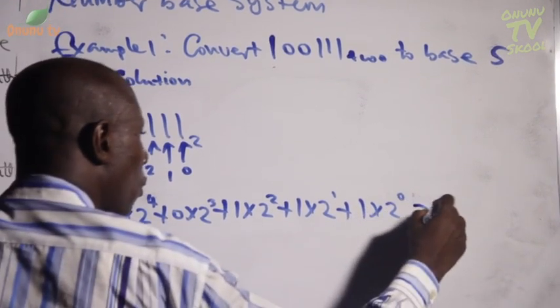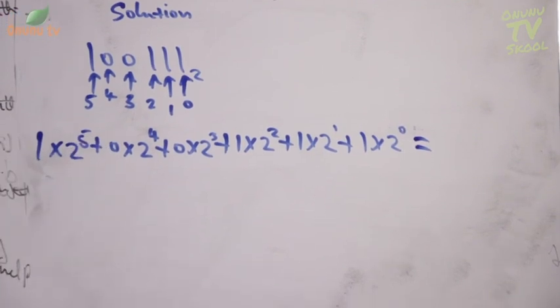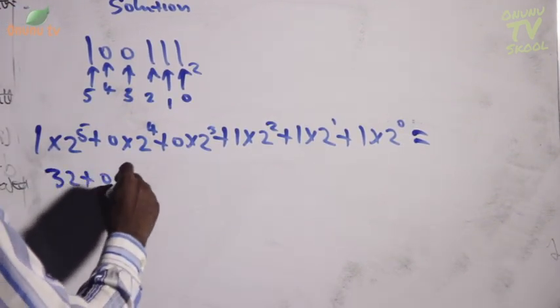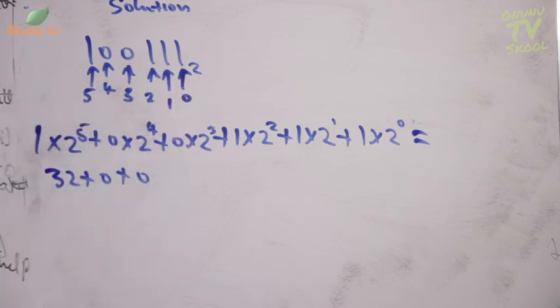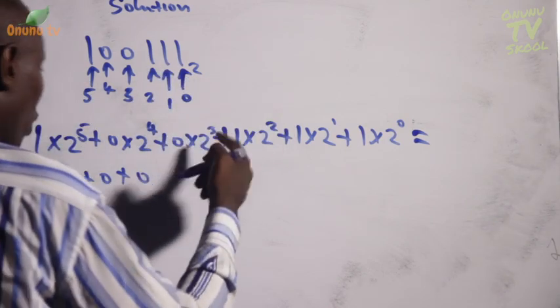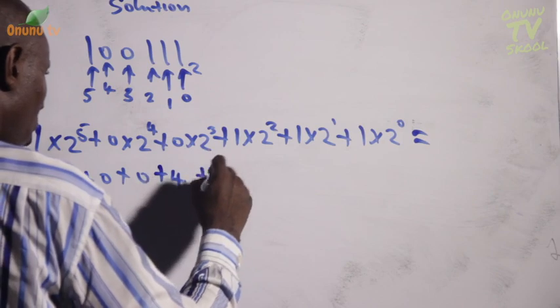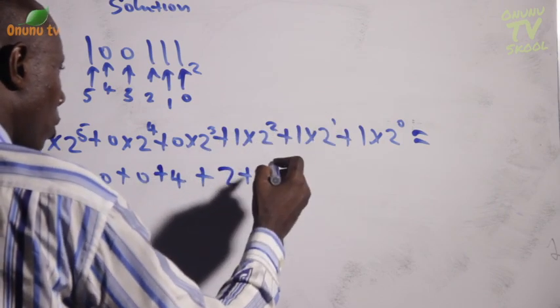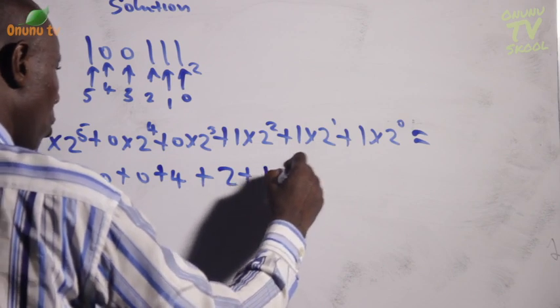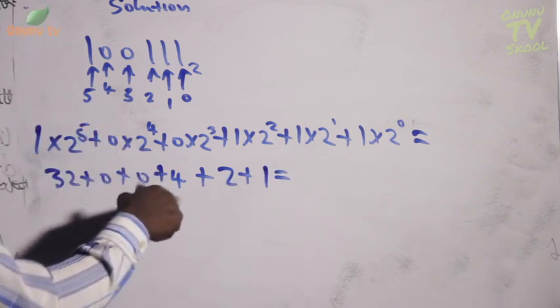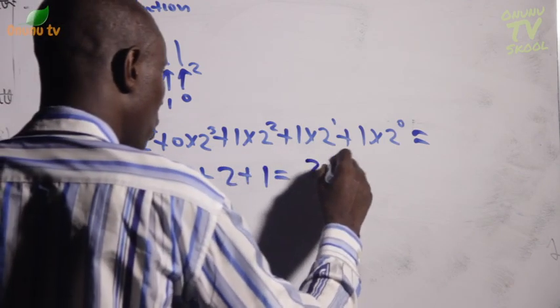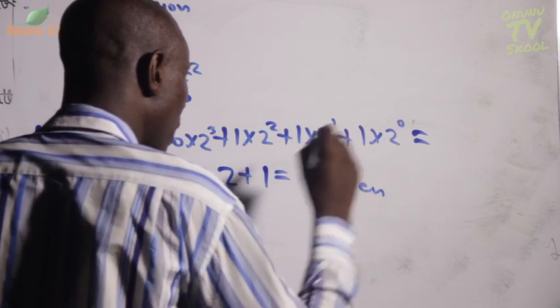This is equal to 2 to the power of 5 is 32 times 1 is 32, plus 0, plus 0, of course, 0 multiplying any number is 0, plus 2 to the power of 2 is 4 times 1 is 4, plus 2 to the power of 1 is 2 times 1 is 2, plus 2 to the power of 0 is 1 times 1 is 1. So this is equal to 32 plus 4 is 36, plus 2 is 38, plus 1 is 39. So this is 39 base 10.